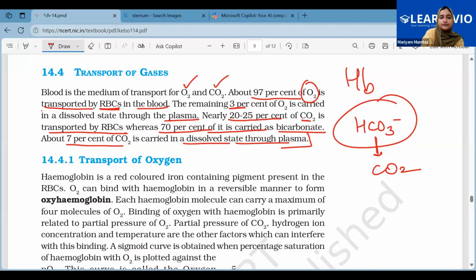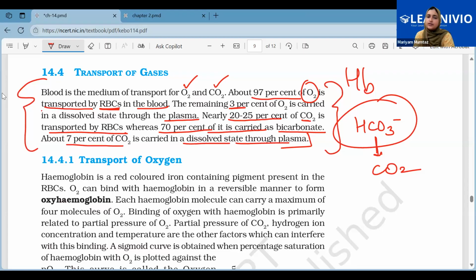So this much is clear. Any doubts up until now? We have people who want to memorize the 70% and all that, right? This part is very important, and it is easy to remember also.